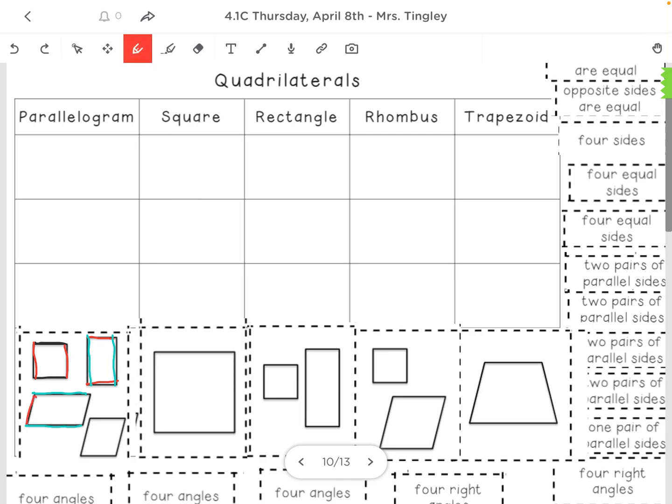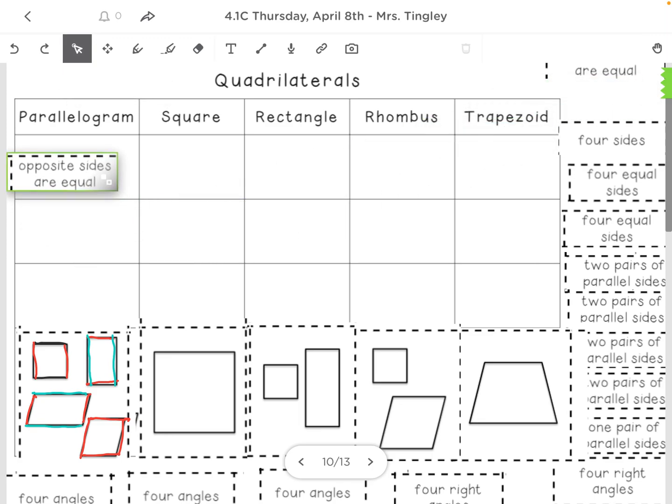That's the same for this parallelogram. The opposite sides are equal. And it looks like for this rhombus, the opposite sides are also equal. So when we are talking about the sides of parallelograms, the opposite sides are equal.